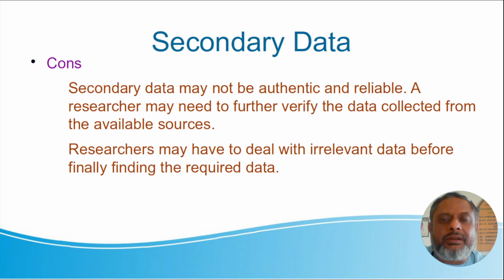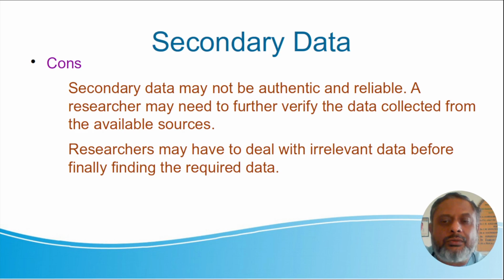So some of the data may be useful to us. Now it becomes a big tragedy when it comes to using secondary data. We get a lot of irrelevant data, and we need to verify whether any given data is useful or not before actually using it.